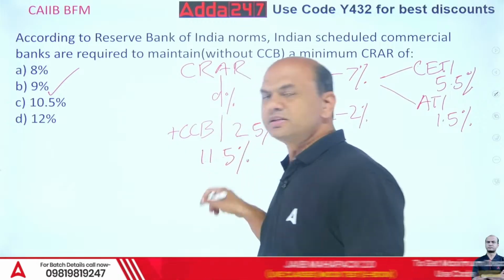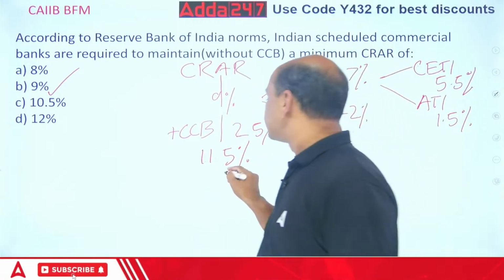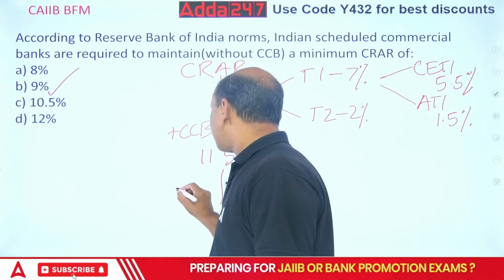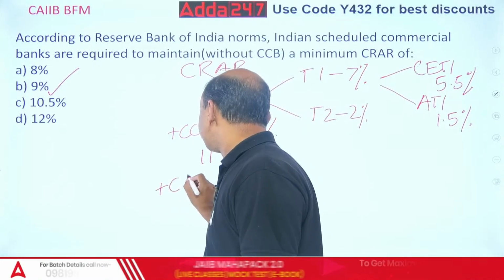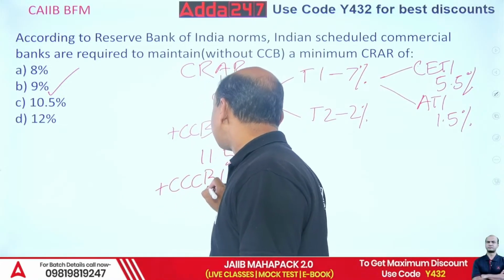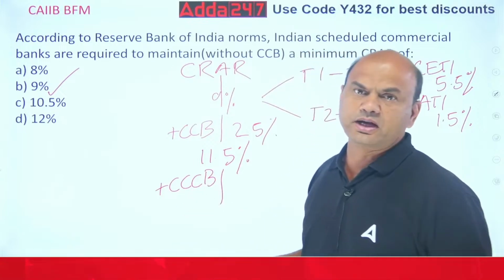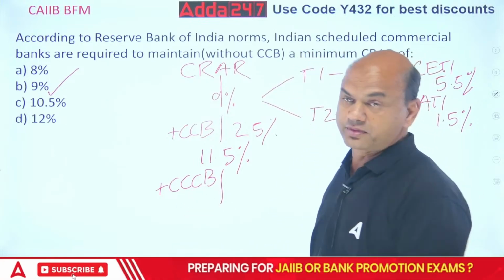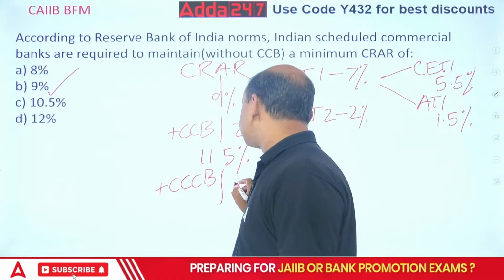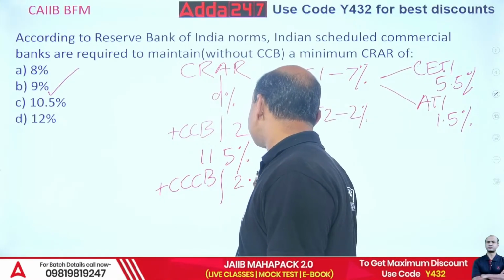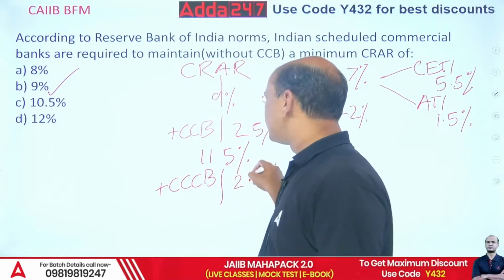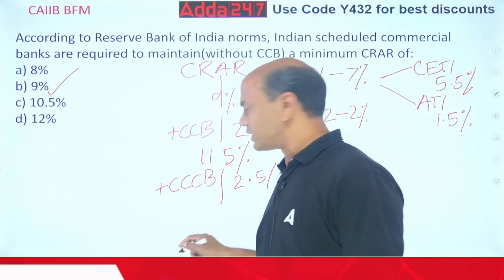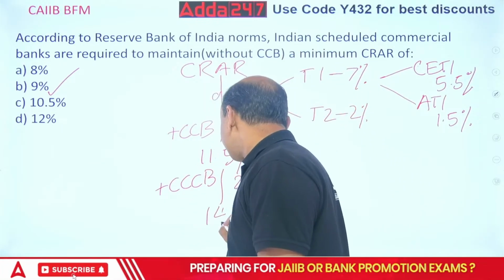Other than this, there is one more buffer that's called a CCCB. Up till now it has not been put. Counter-cyclical capital conservation buffer. That also ranges from 0 to 2.5. So 0 to, let's take maximum 2.5%. So it will be 11.5 plus 2.5, 14. So your total CRAR will become 14%.